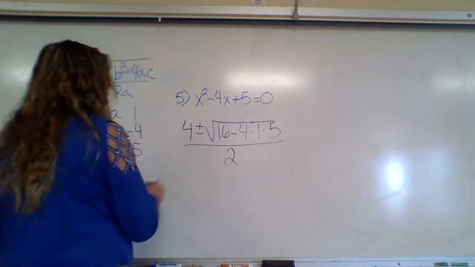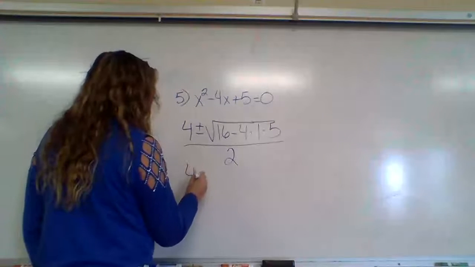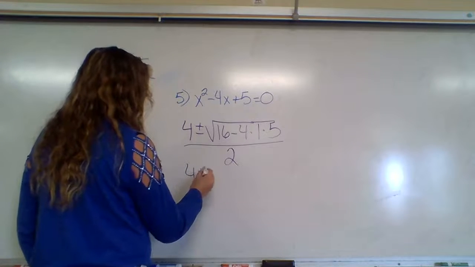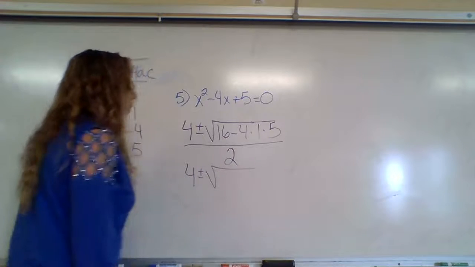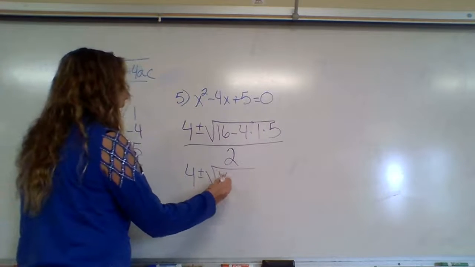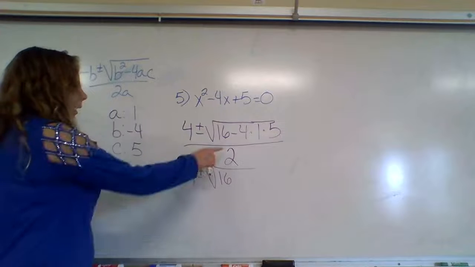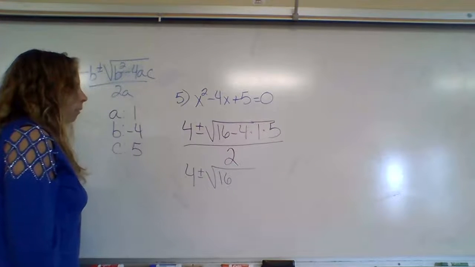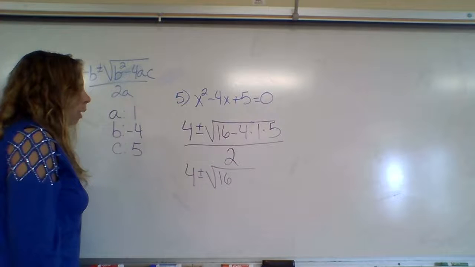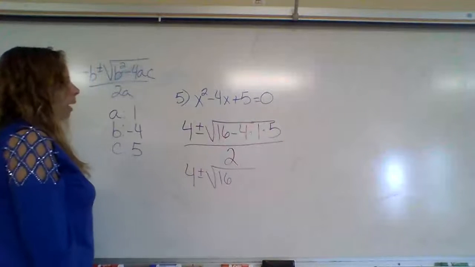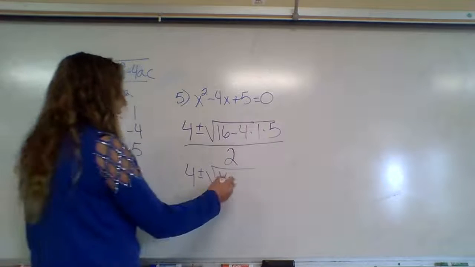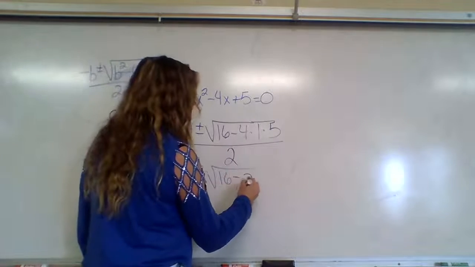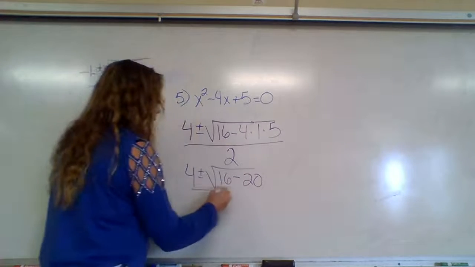Okay, keep going. 4 plus or minus, here we go. I'll leave 16 there. 16, and then negative 4 times 1 times 5. Negative 4 times 1 is negative 4, times 5 is negative 20, all over 2.